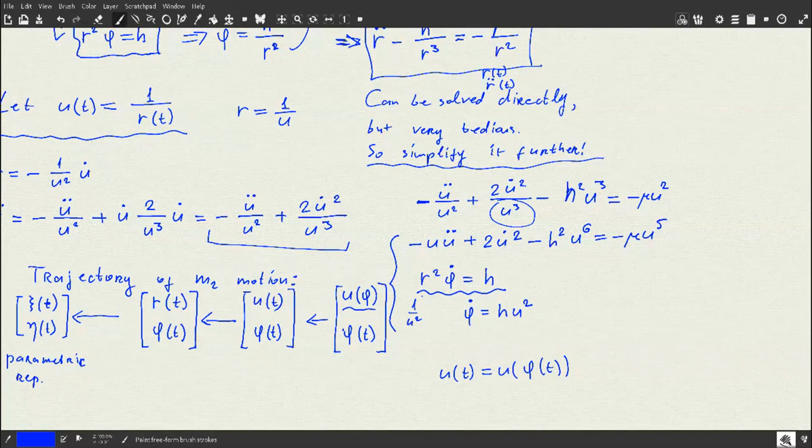From u of t, obviously, we get r of t as 1 over u of t, from which we get psi of t as r of t cosine phi of t, and eta of t is r of t sine phi of t.